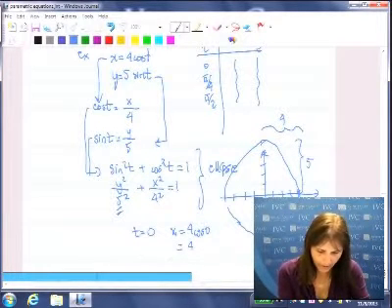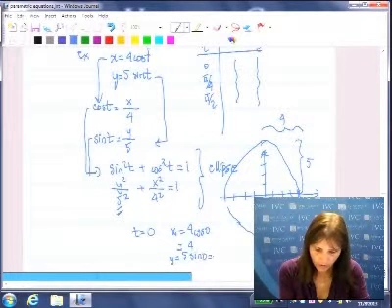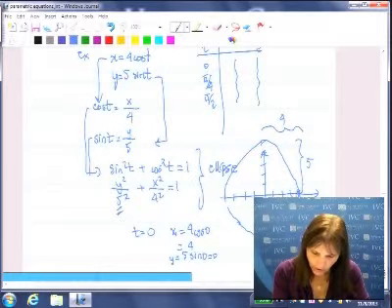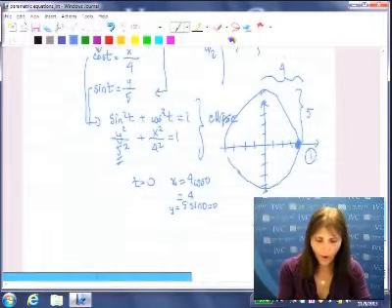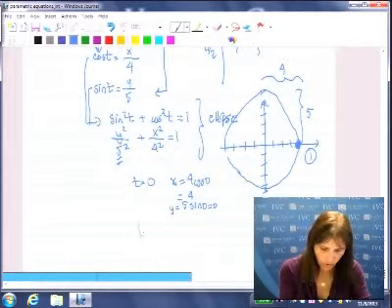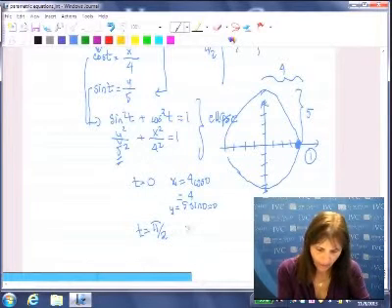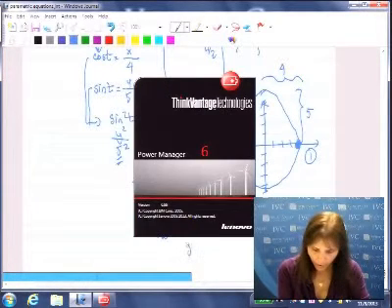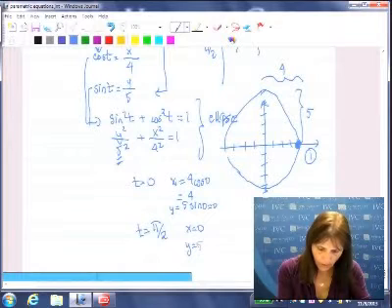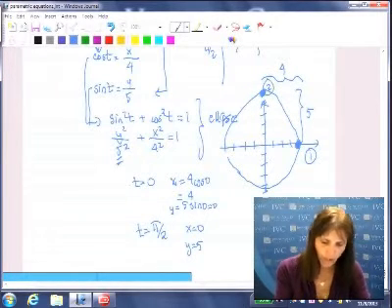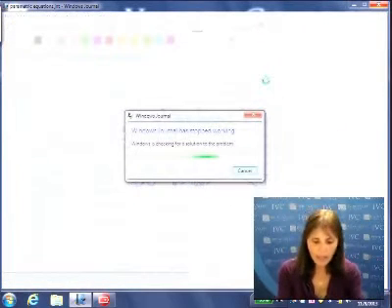And then when you plug it in, y equals 5 sine 0, and that's going to be 0. So I start at 4, 0. So I start right here. That's my first point. Then go look where your second point is. Maybe you can try t equals pi over 2. And plug that in. You're going to get x equals 0, y equals 5. So that's my second point.